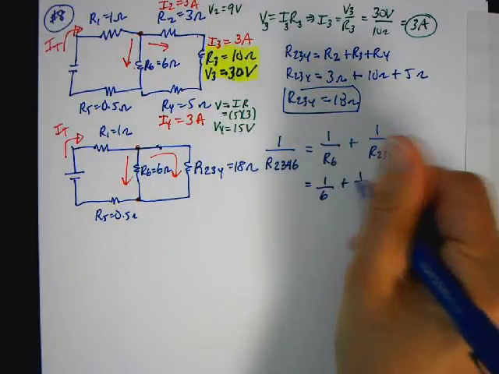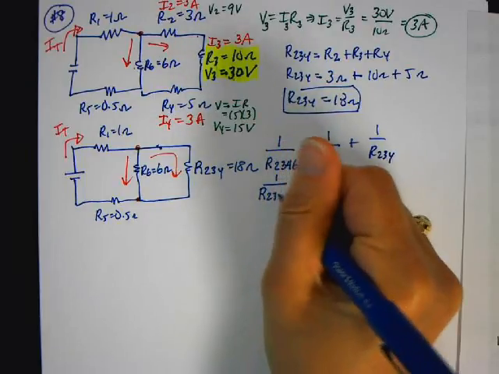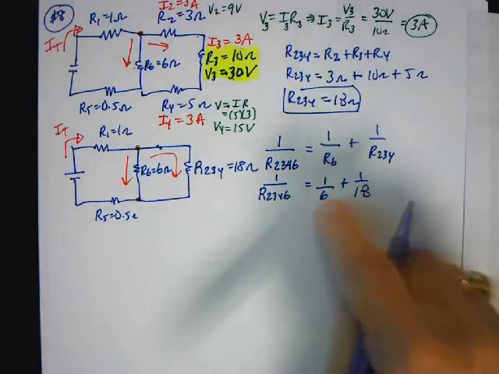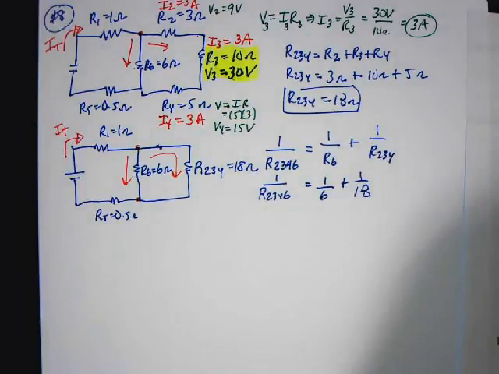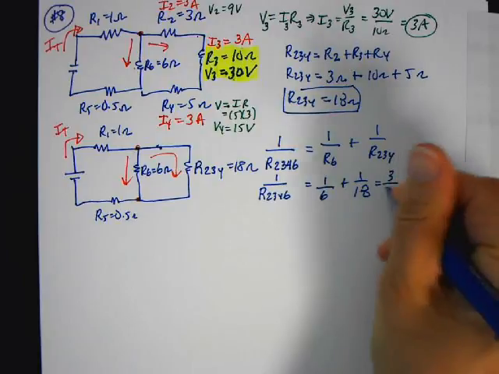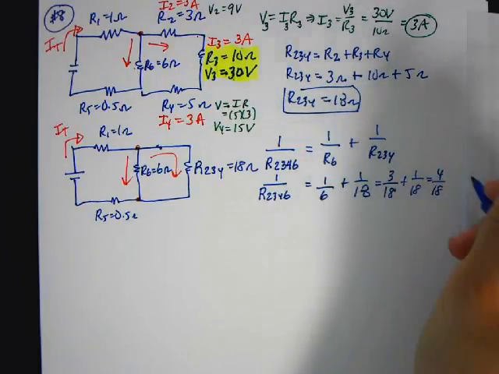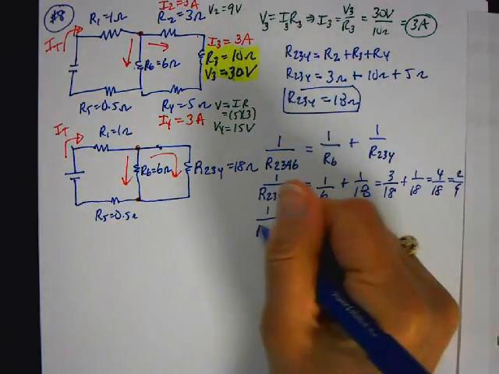To make sure I don't make a mistake, I can easily find the common denominator between these numbers. The common denominator would be 18. So it's going to be 3/18 plus 1/18, which is 4/18, which reduces to 2/9. So 1 over R2346 is equal to 2/9.